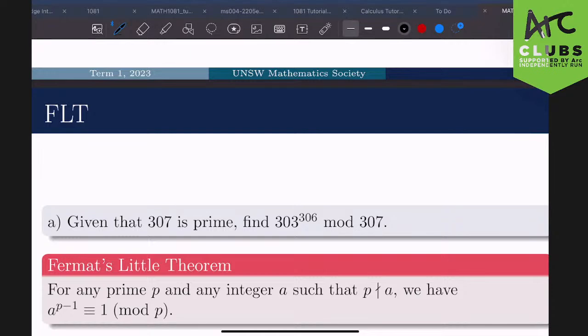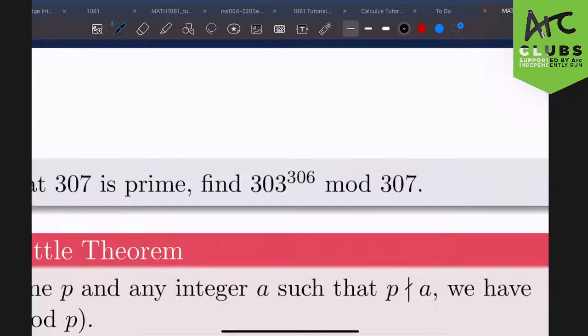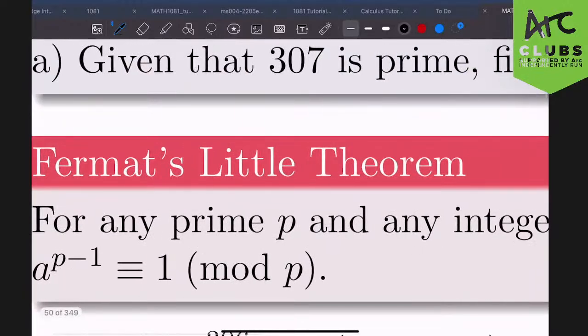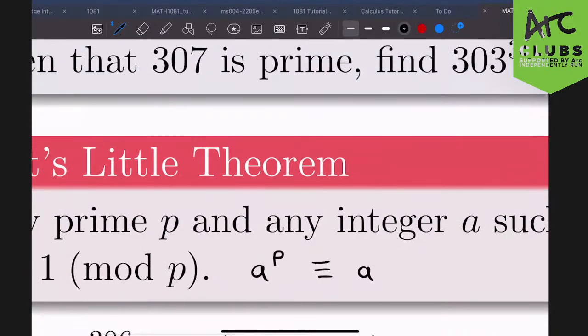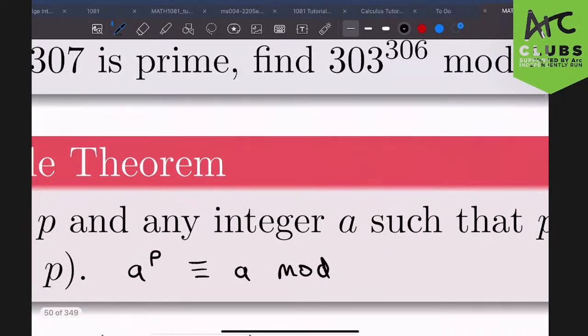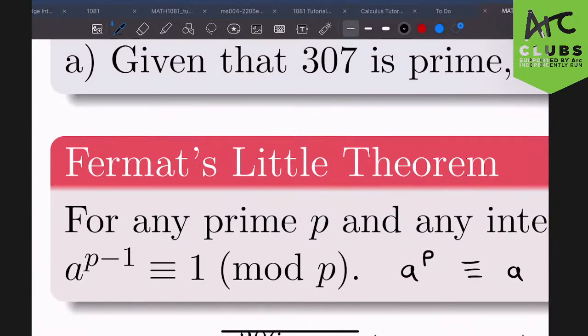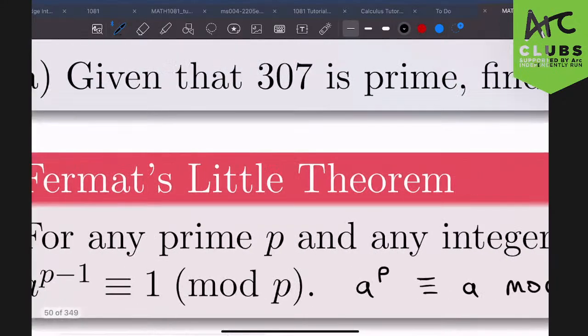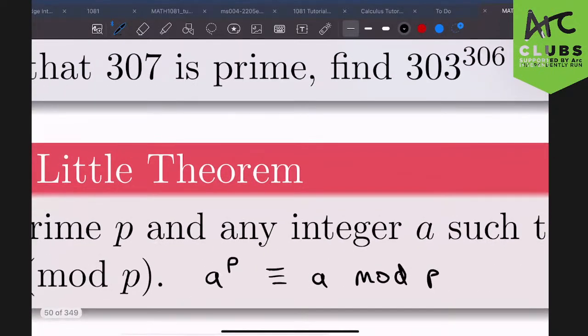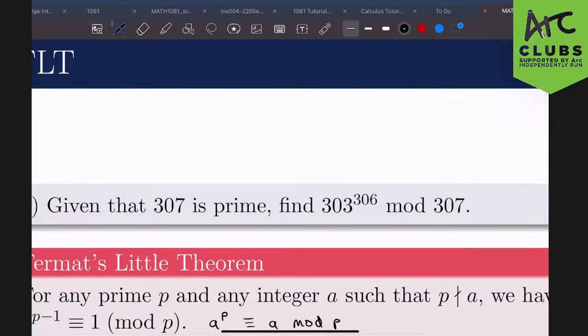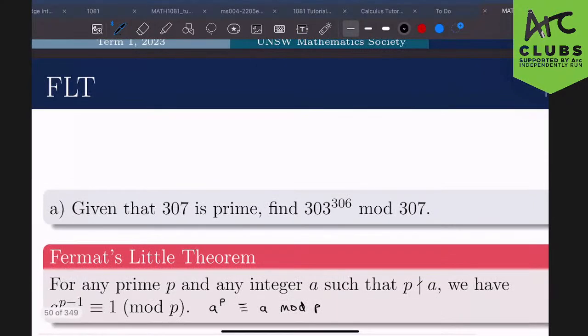It's actually originally given by this, but given that P does not divide A, we can simplify it to this one on the left here.